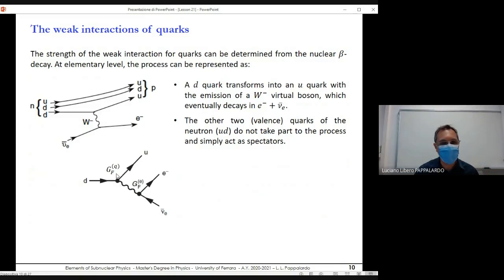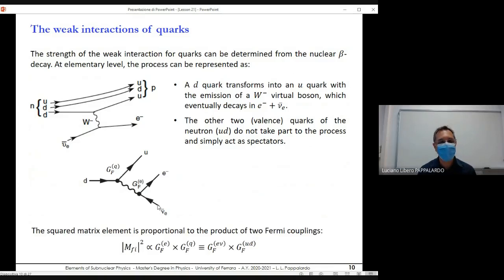So let's say a coupling of the W with the quarks, and a coupling with the electron and the neutrino. And so we can write down the decay rate of the beta decay, which is proportional to the square of the matrix element, and so proportional to these two couplings: the electron vertex and the quark vertex.